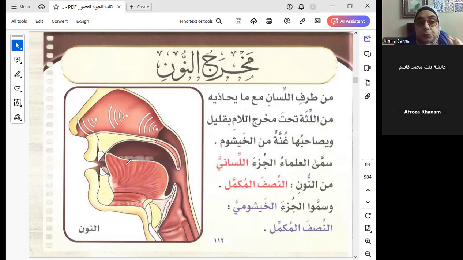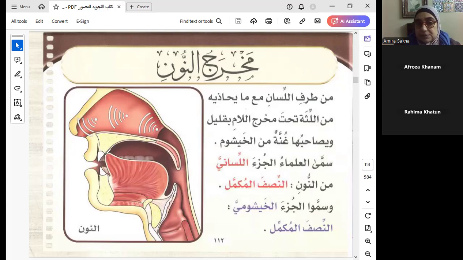So, in other words, when we pronounce noon, two parts are working here: the tongue and the nasal cavity. I will repeat this. The articulation point of noon is the tip of the tongue with the alveolar ridge of the upper central incisor.